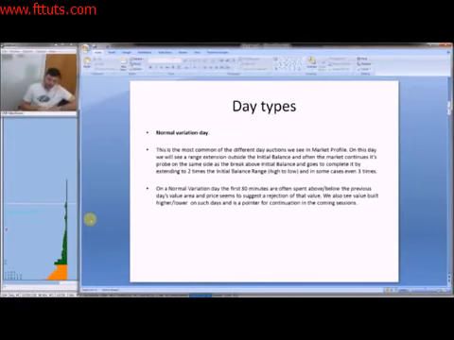A normal variation day, or a variation of a normal day. This is the most common of the different day auctions that you see in a market profile. On this day, we will see a range extension outside of the initial balance, and often the market continues its probe on the same side as the break above the initial balance and goes to complete it by extending it to 2 times the initial balance range, in some cases 3.